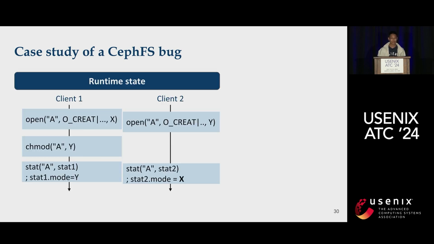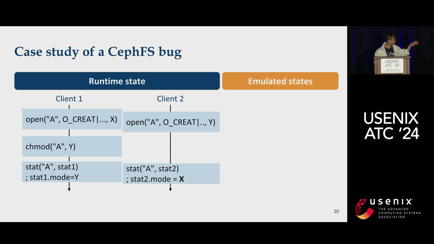So let me show you a real bug we found in Ceph to further understand this procedure. Assume we have a concurrent test case which includes two syscall sequences, and after running this test case in a Ceph instance, we know their runtime steps, their execution timestamps, their execution order and their overlapping information. So given this information, let's see how we emulate the states.